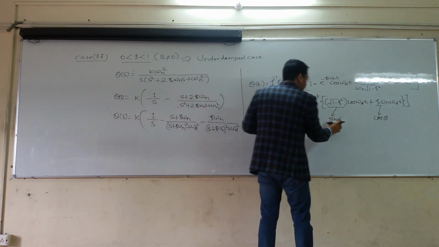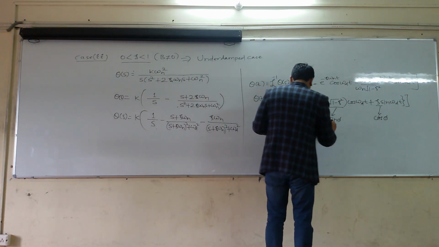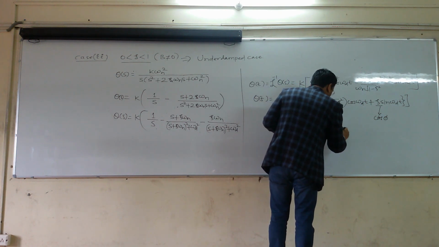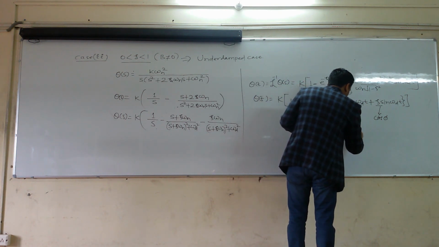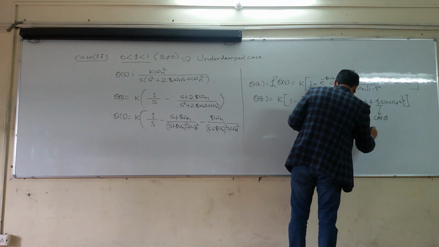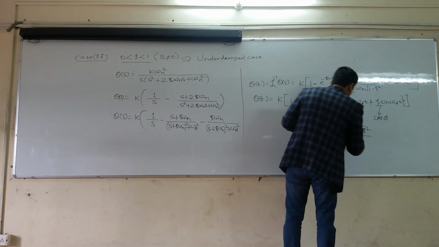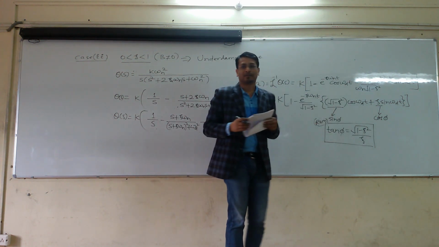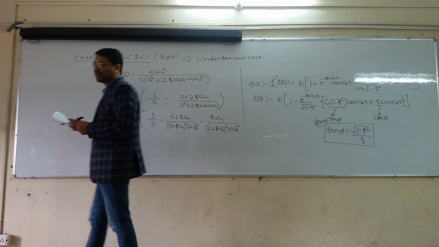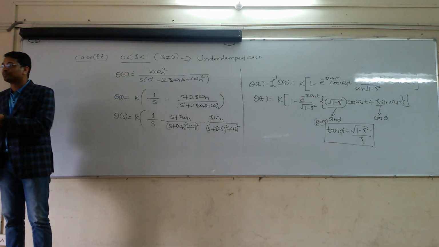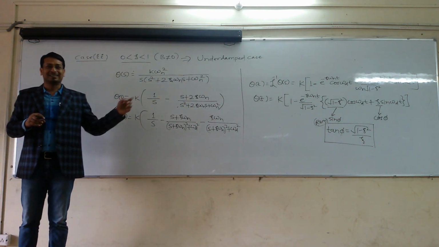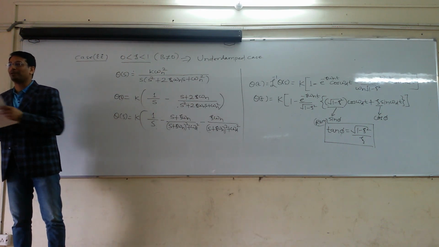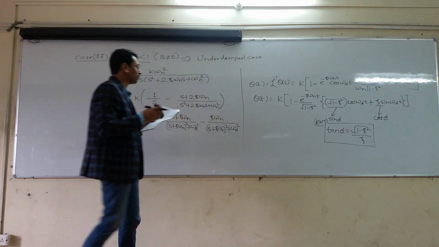So with this assumption, you will get tan phi equal to root under 1 minus zeta square divided by zeta. This you need to remember. For the time response, most of the things are rote learning. If you remember, you will be able to answer, otherwise you will not be able to solve.